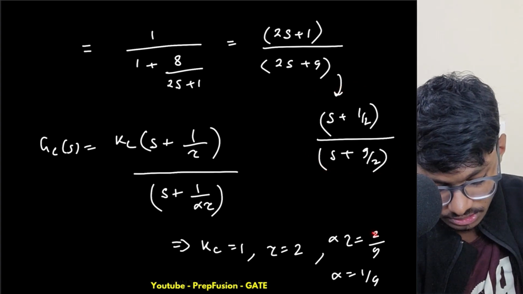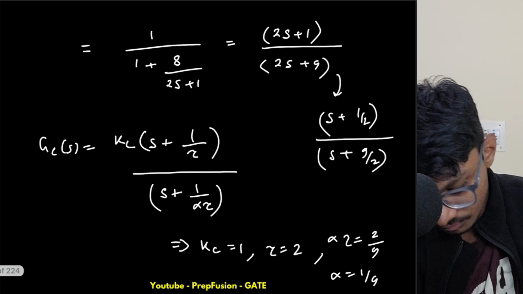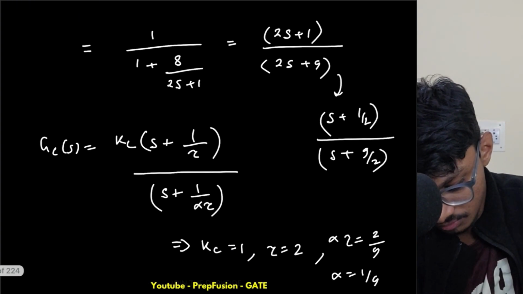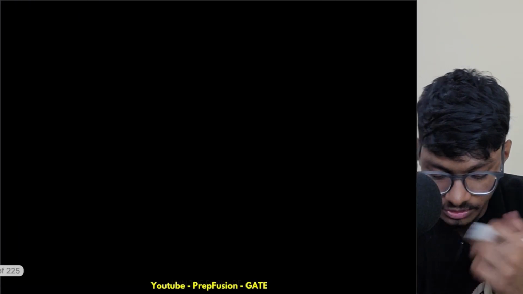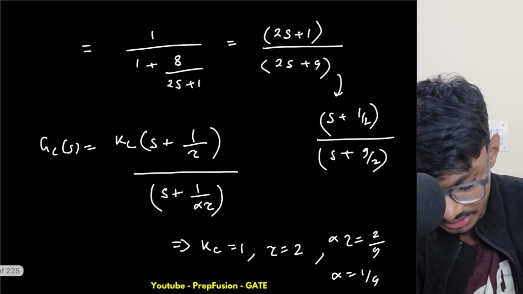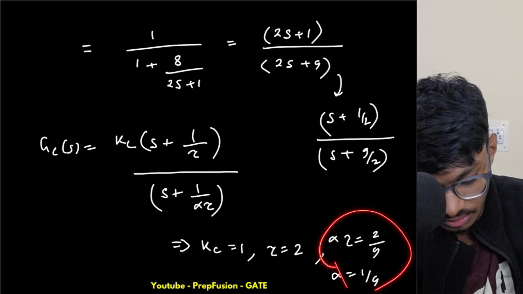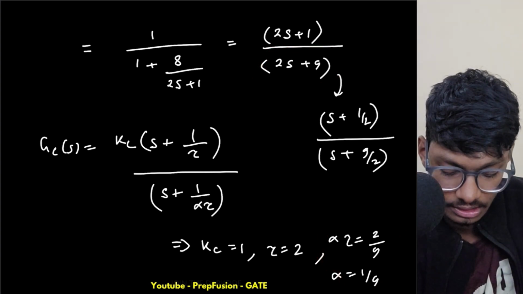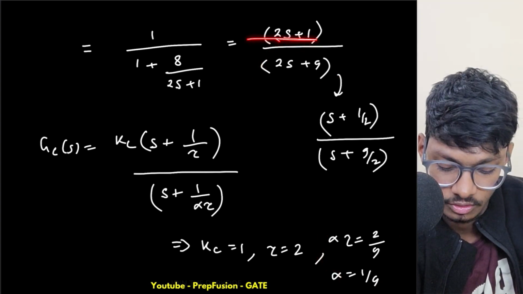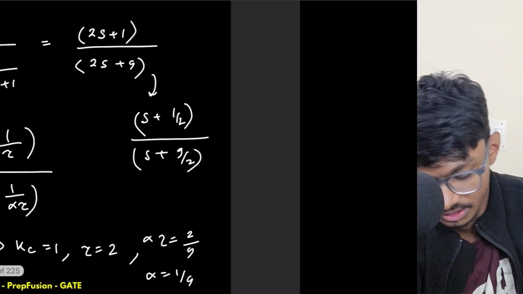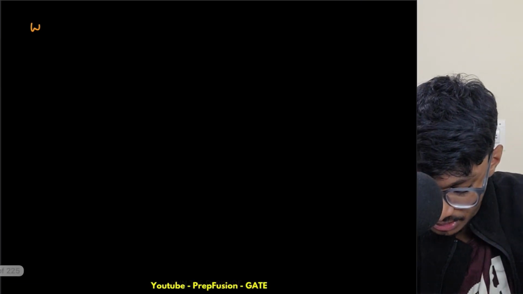So this is Kc equal to 1, alpha equal to 1 by 9. Now you can proceed in two ways. Either you remember that this is a lead compensator because alpha is less than 1, or you can see that the zero is much nearer to the origin than the pole. From here you can proceed in two directions.